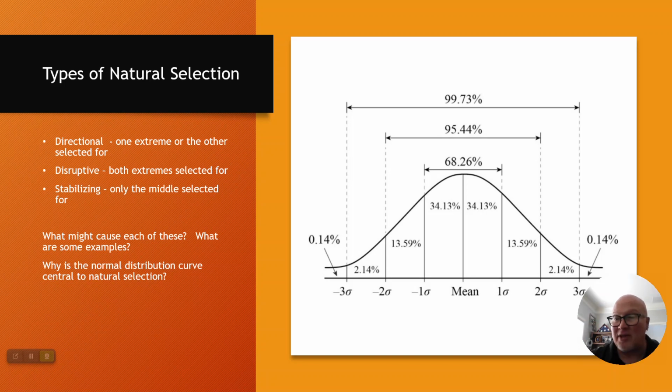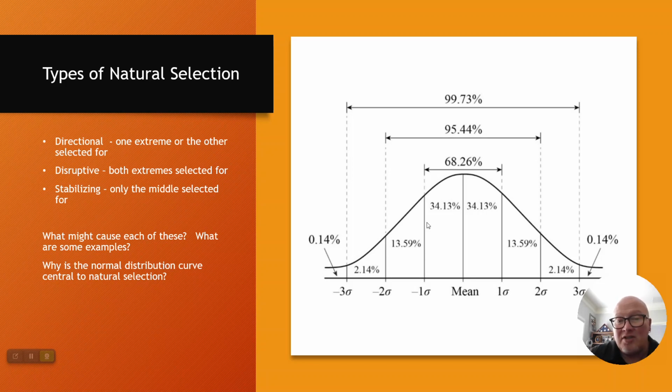So what's going to happen is this whole curve is going to be moving to the right. It's going to be moving to the upper extreme. There will still be a mean, but that mean will be shifted to the right, and all of the other points in here will all be shifted to the right. You'll still have the standard curve, but it will be shifted to the upper extreme because that's being selected for.